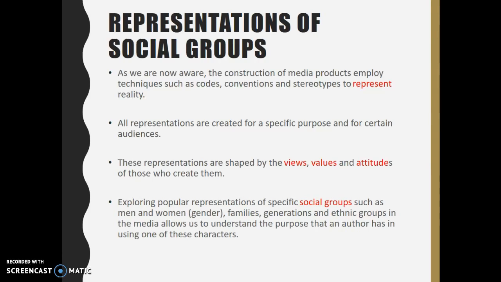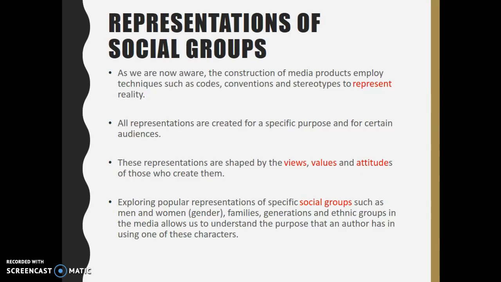Exploring popular representations of specific social groups such as men and women, gender, which we'll be focusing on in this lesson, families, which we'll look a little bit more into next lesson, generations, and ethnic groups in the media allows us to understand the purpose that an author has in using one of these characters.